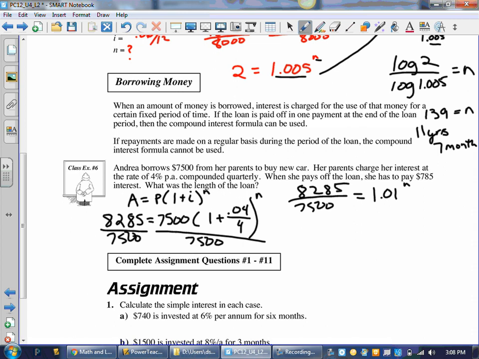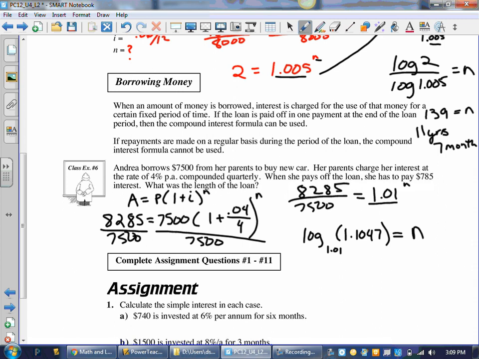Every time you're looking for the exponent, do the log. So I'm going to have log. The base is always the base, so this is my base, 1.01. This is the exponent. A logarithm always equals the exponent. And this number right here, 8285 divided by 7,500, is actually 1.1047 if I round it off slightly.